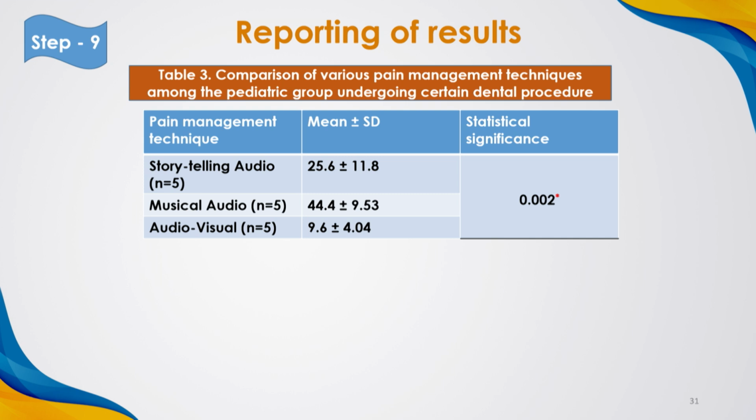Once you have performed the analysis of variance, you have to report the important descriptive measures from the data, and then you have to state the result of the statistical significance, the result of the hypothesis test. So, this table contains 3 important things.